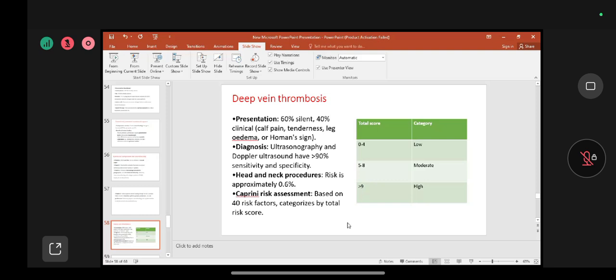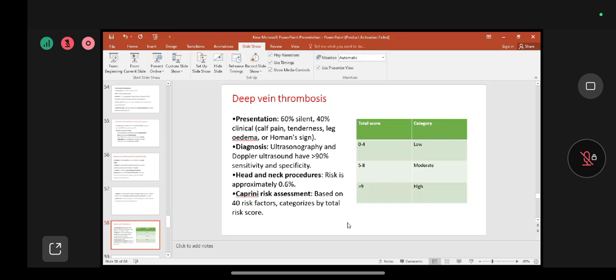The risk of deep vein thrombosis in head and neck procedures is 0.6%, and this risk is assessed by the Caprini risk assessment, which is based on 40 risk factors categorized by the total risk score. Basically there are three categories: low, moderate, and high risk.